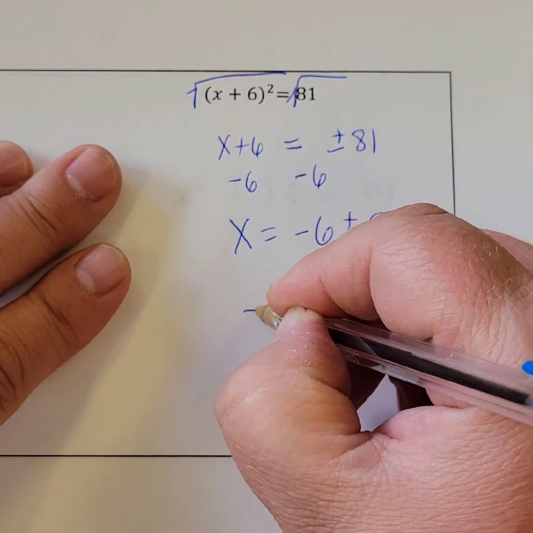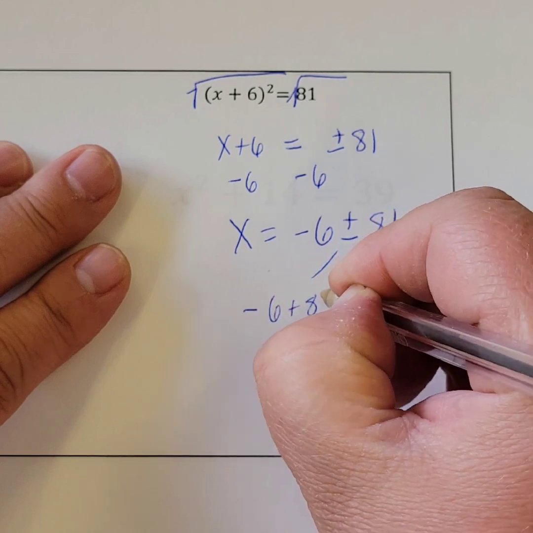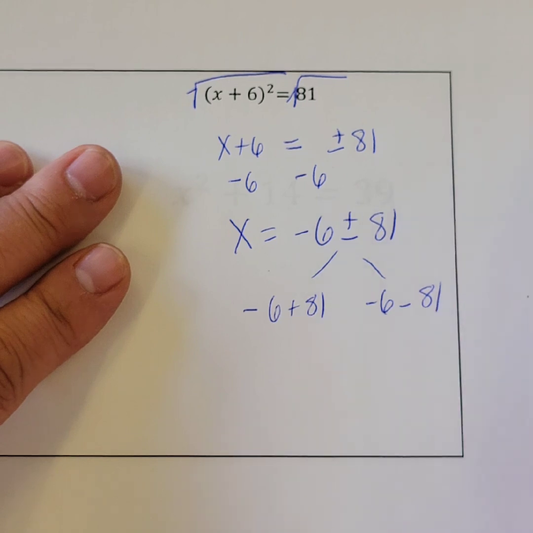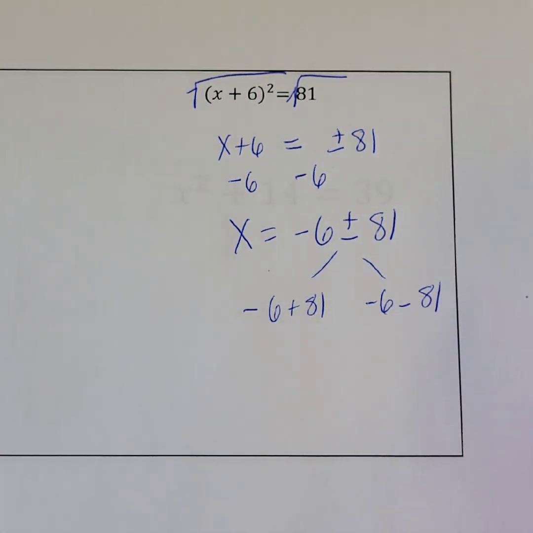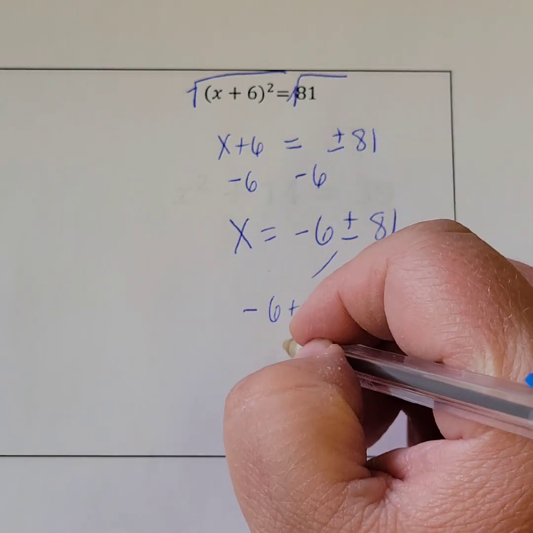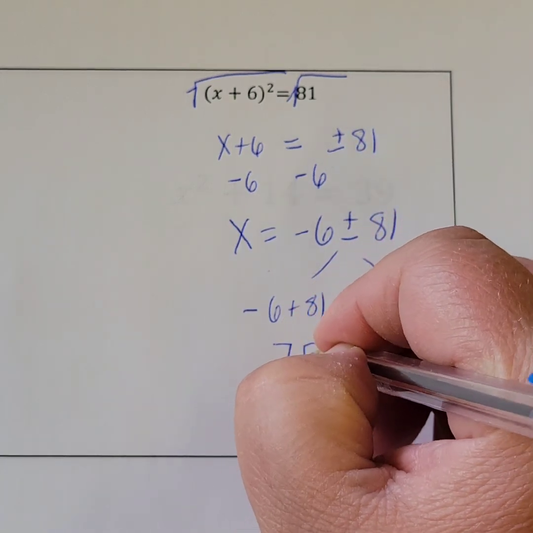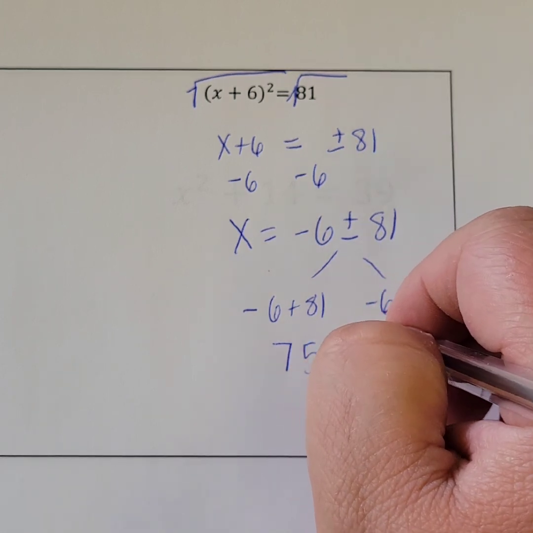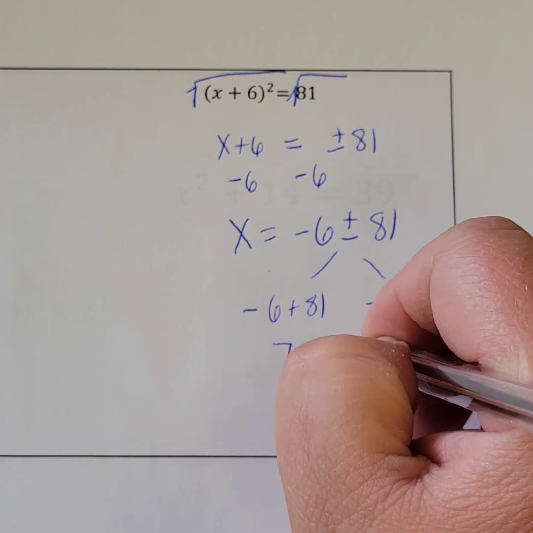So then we do -6 plus 81 and -6 minus 81. So -6 plus 81 is 75. And then, I can't believe I just put that in my calculator. So we have -87.